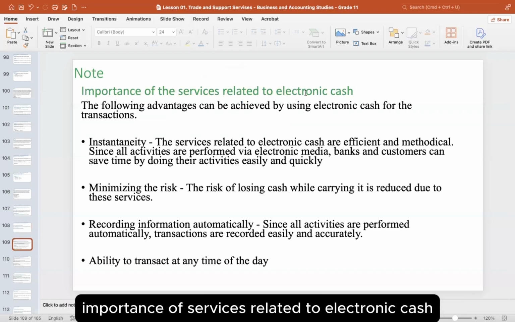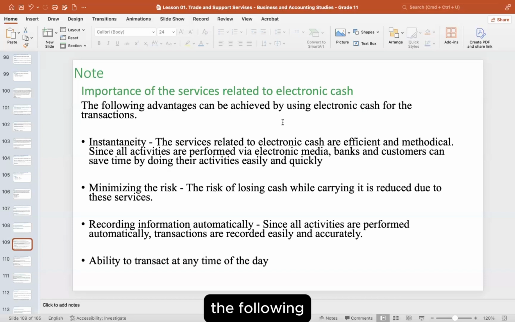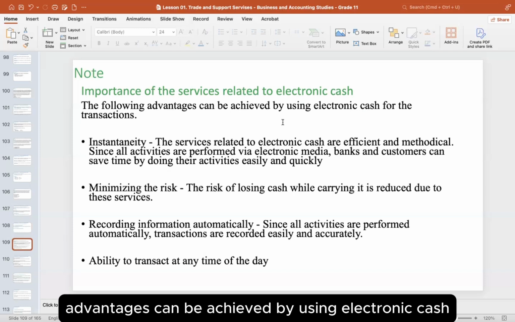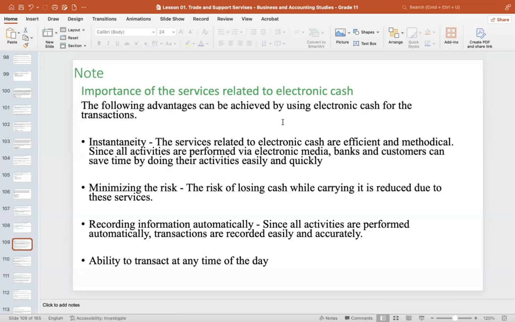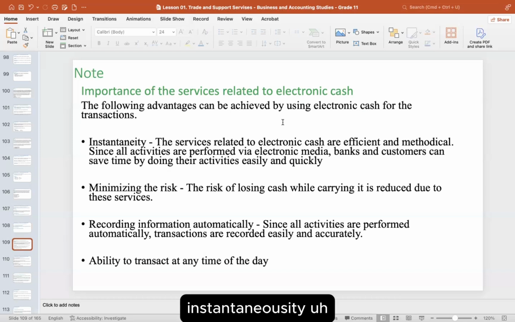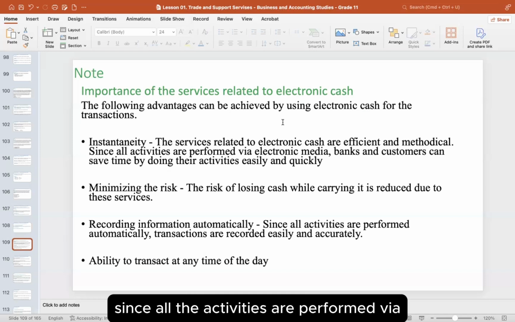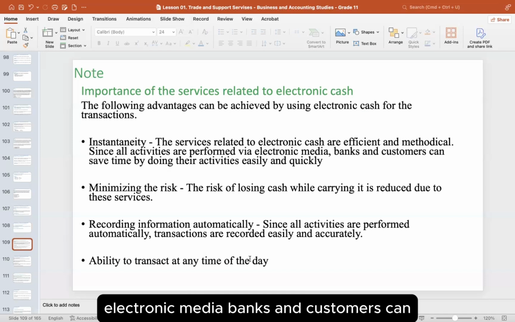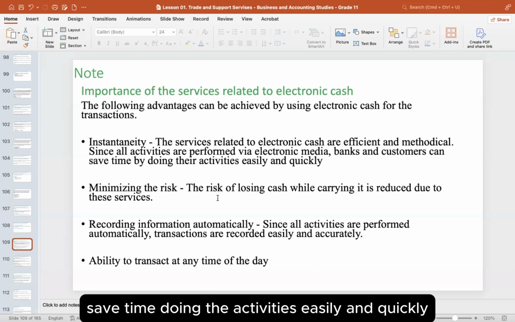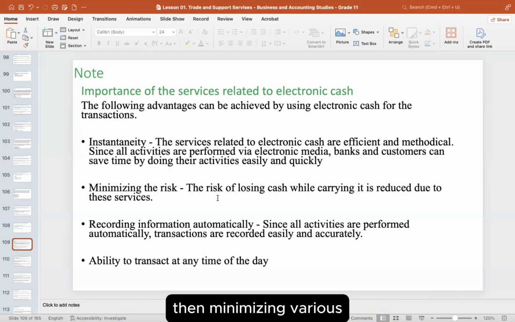Importance of services related to electronic cash. The following advantages can be achieved by using electronic cash for the transactions. Instantaneity. The services related to electronic cash are efficient and methodical. Since all the activities are performed via electronic media, banks and customers can save time doing the activities easily and quickly. Then minimizing the risk.